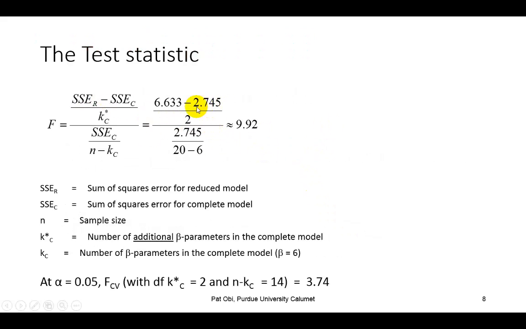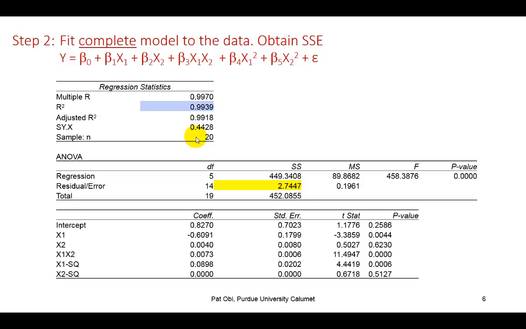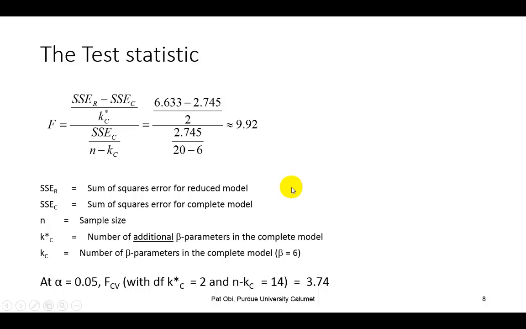Then we divide this whole expression by the sum of squares error in the complete model, which we just pick up from this. That's why I highlighted them already. And then we divide by n minus k sub c degrees of freedom, where n is the sample size. Total sample size in this study is 20 observations.